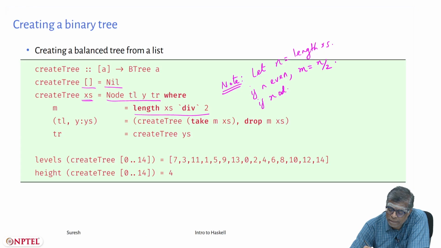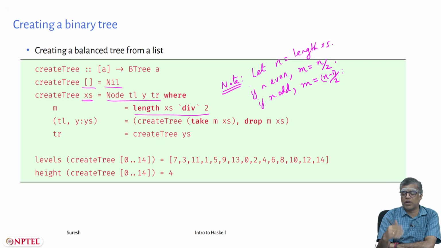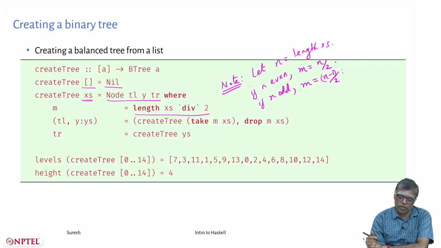If n is odd, m is (n minus 1) by 2. Right, because that is how div works.